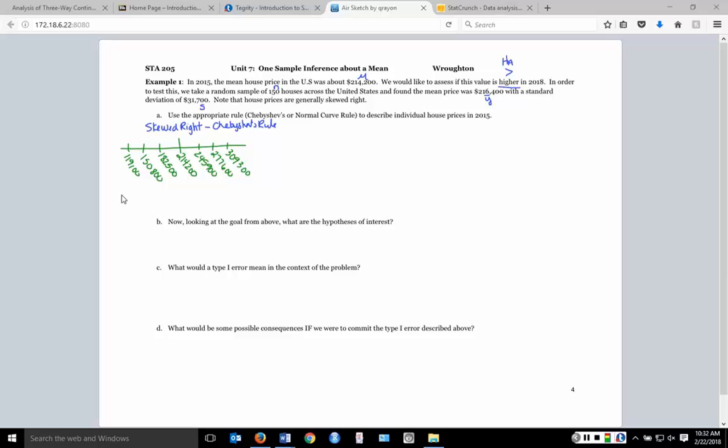And so what I know about Chebyshev's rule is if I go out one standard deviation, that doesn't give me any useful information. If I go out 2 standard deviations, I get about 75%. And if I go out 3 standard deviations, I get about 90%. And then I can just interpret those here.